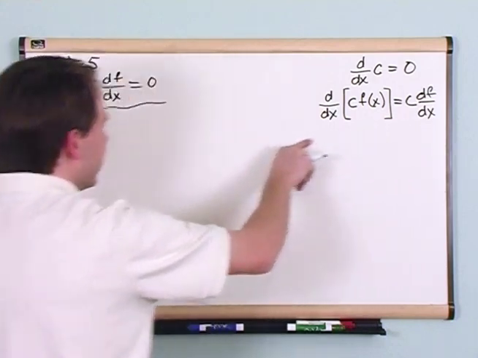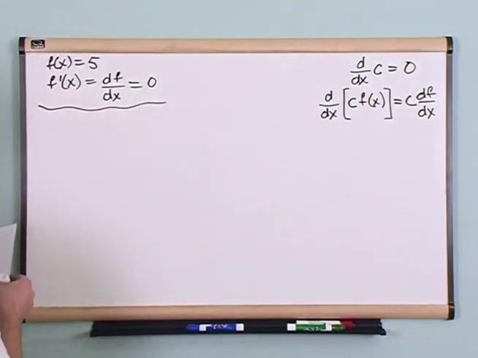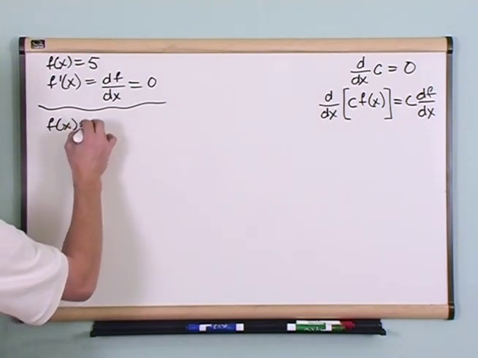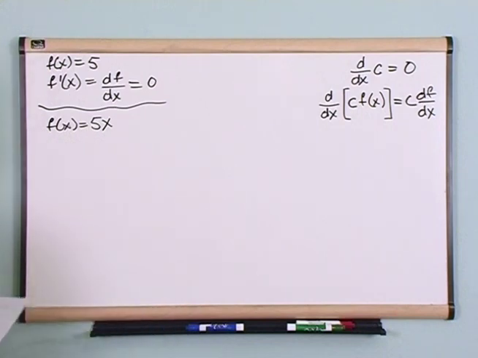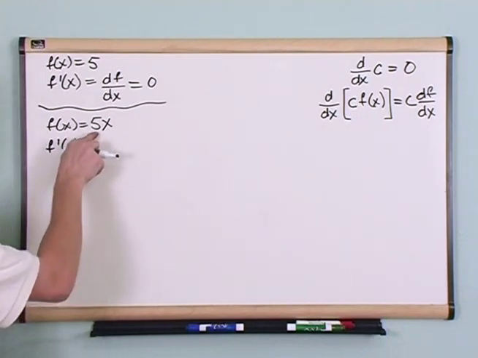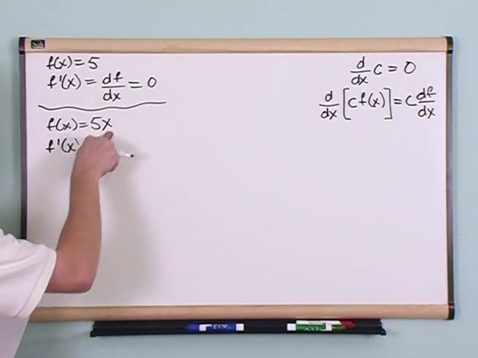This can look kind of messy, but let's do an example to illustrate what that means. If I had f of x is equal to 5x, okay, then if I were going to take the derivative, remember here I have a number times a function of x.